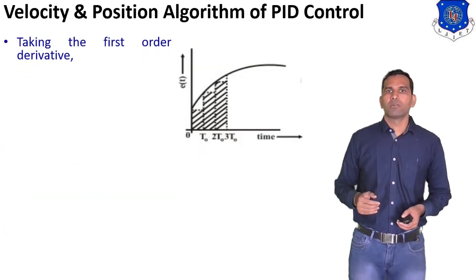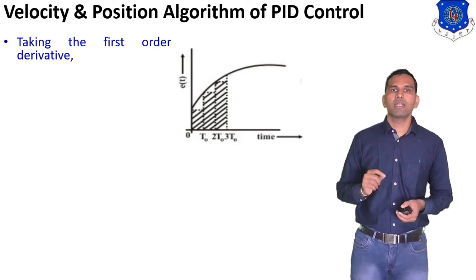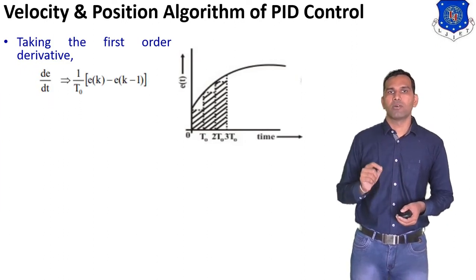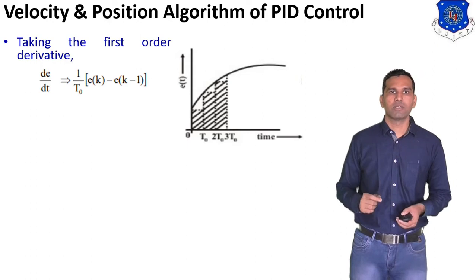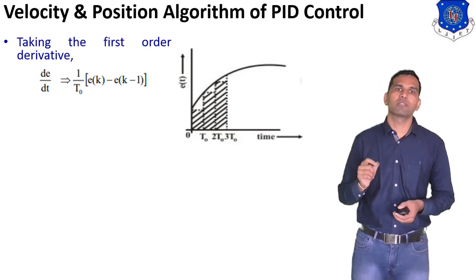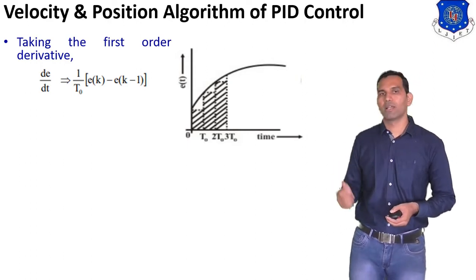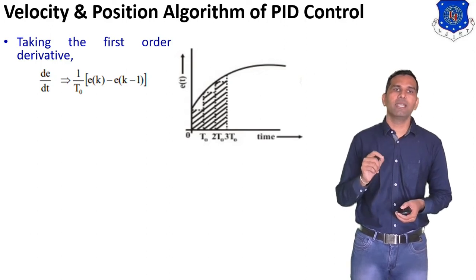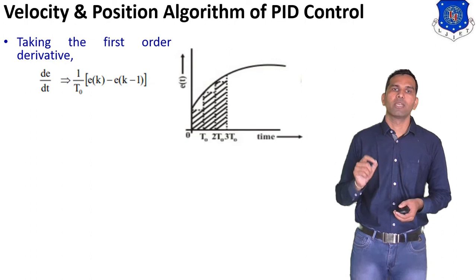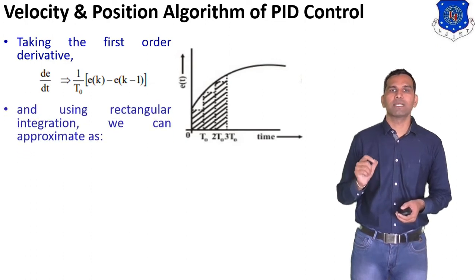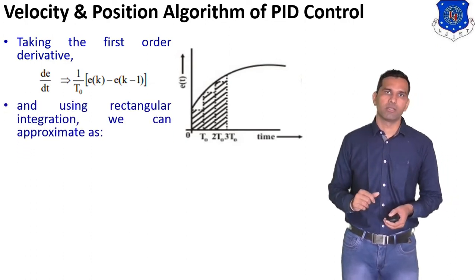Now taking the first order derivative from this figure, we can write that de/dt equals 1 upon t0 times e(k) minus e(k minus 1).